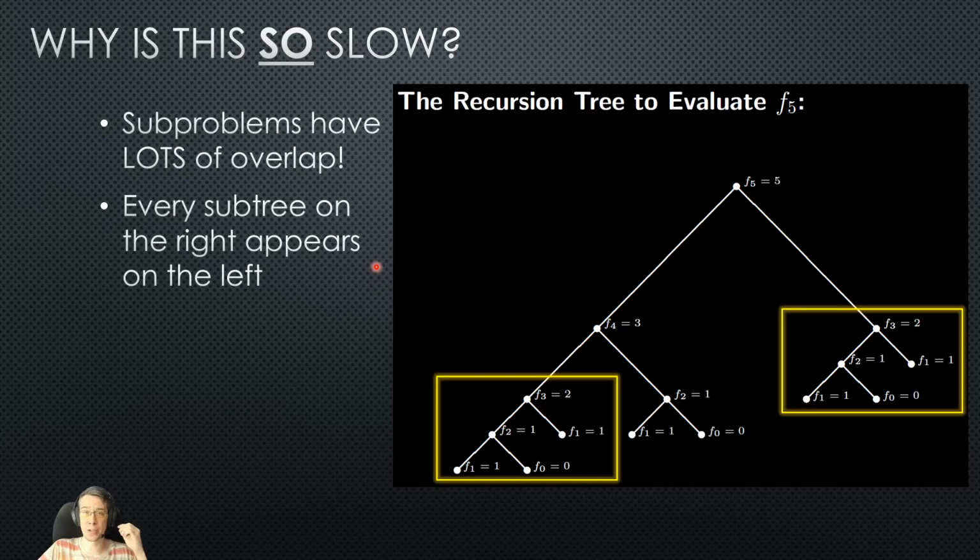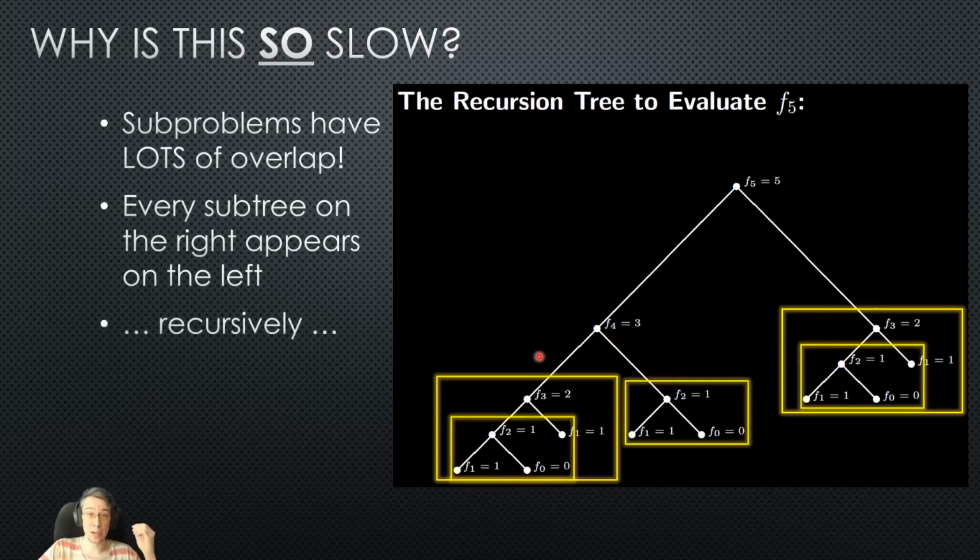It's not just a question of dividing our problem into independent subproblems, and maybe even throwing away subproblems, which we often do in fast divide and conquer algorithms. It's even worse than just naively partitioning our problem into subproblems. We have overlap in our subproblems, and really aggressive overlap, because every subtree on the right also appears on the left, and so on recursively.